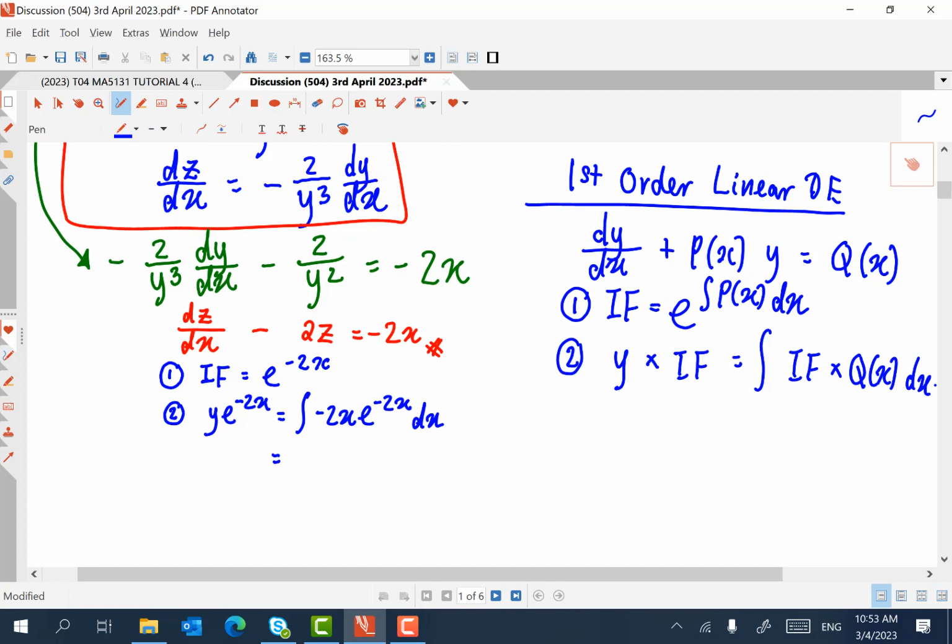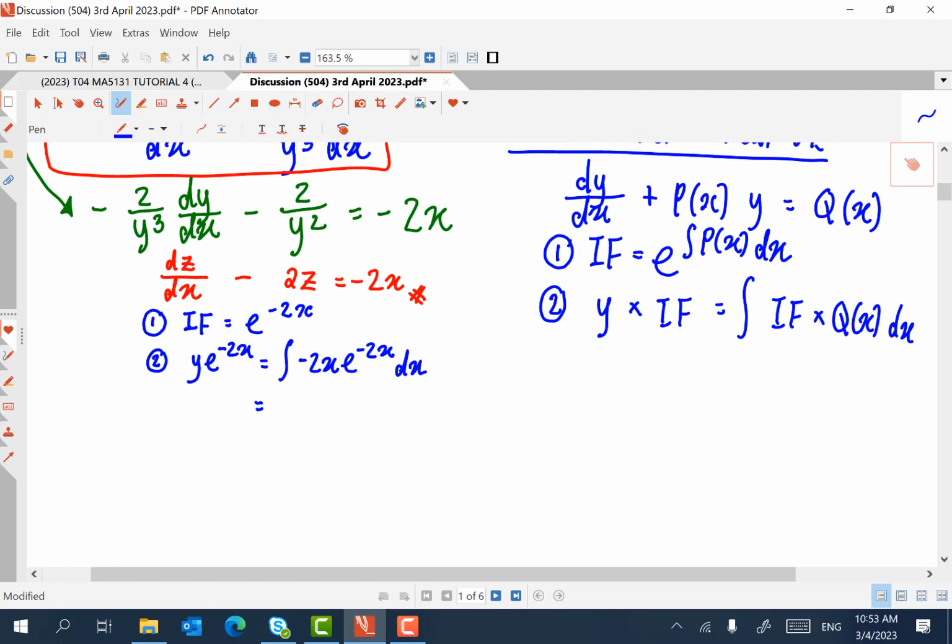The how is, step 1, you want to recognize that this red color fits into this. By combining the red color with the blue, you will see that p(x) is minus 2. The z takes the role of y.